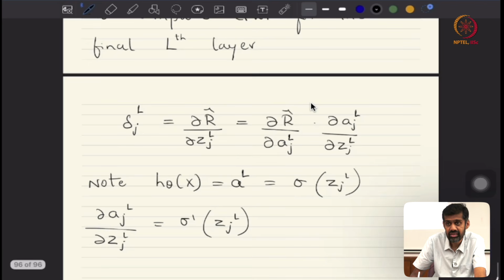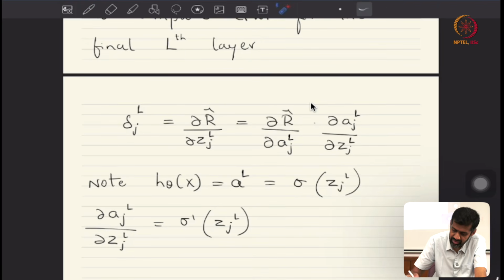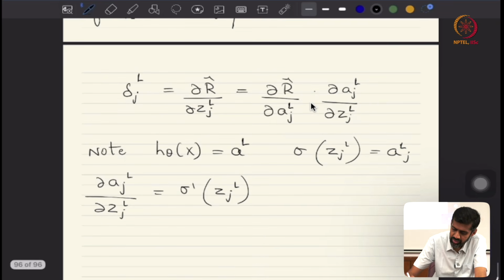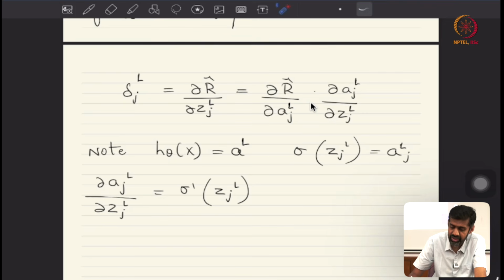Do you see this? Since AL is simply, yeah, this is ALJ. The derivative of ALJ with respect to ZJL is simply the derivative of the activation computed at ZJL, correct?